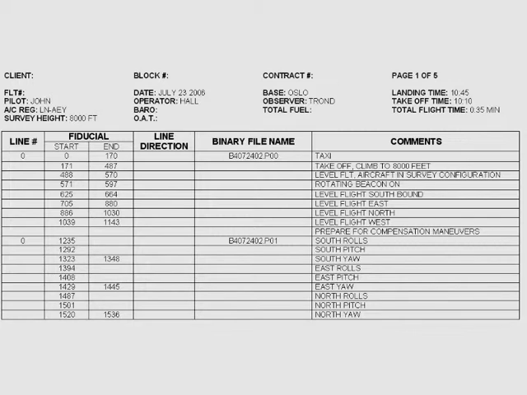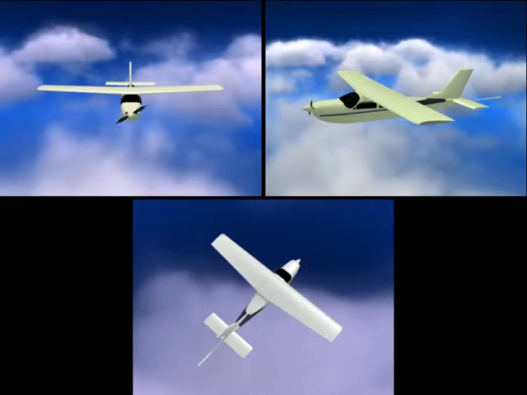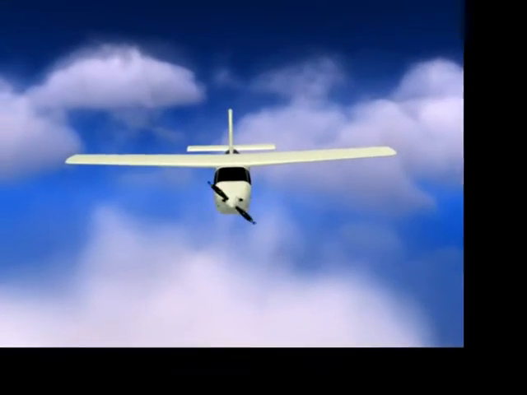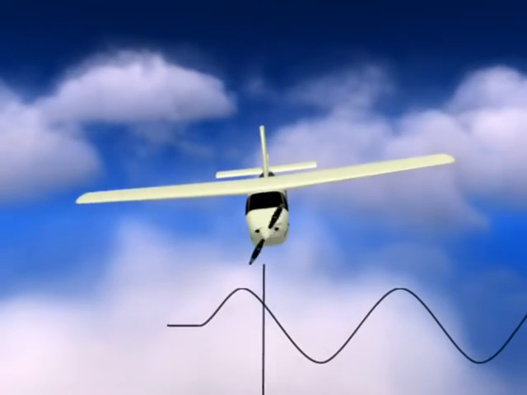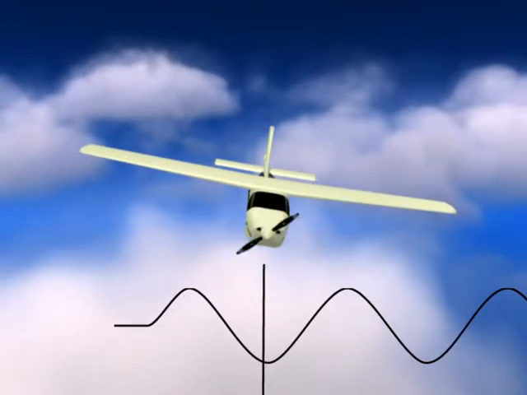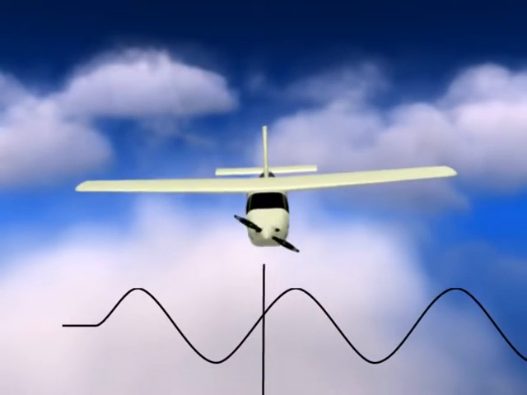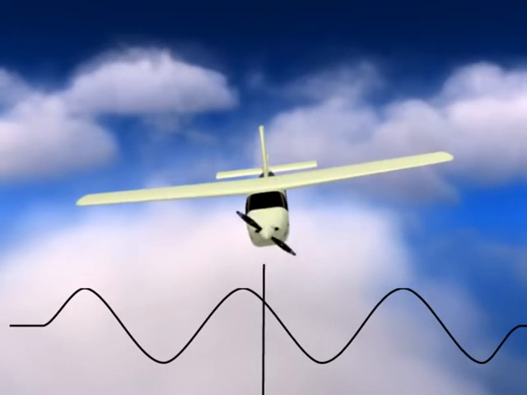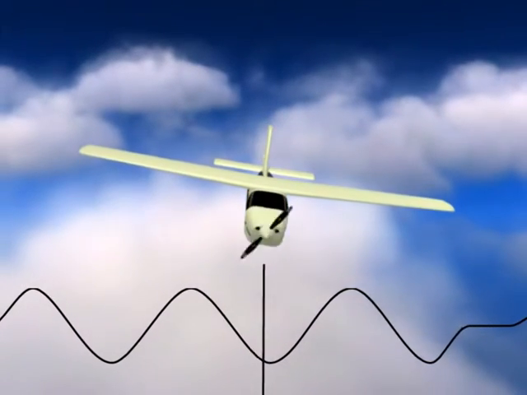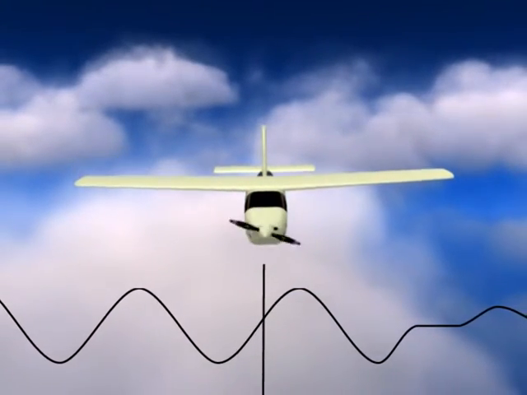When the desired altitude, location, and heading are reached, you are ready to begin the maneuvers. We start the procedure with 3 roll maneuvers. Notice how the maneuvers are very smooth.